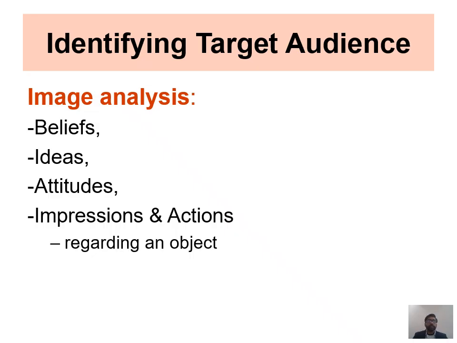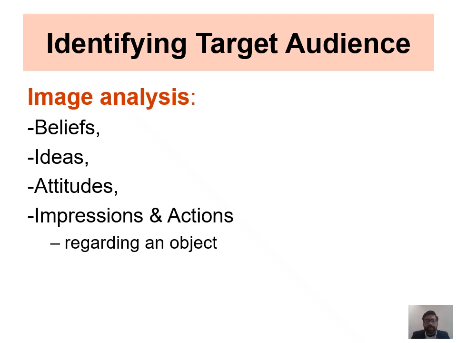Image means belief, idea, attitude, impressions, and actions regarding an object. While identifying the right target audience, for every type of audience the communication campaign may be different, their media preference or the buying habits or the consumption habits may be different. So we need to think about how they analyze the image of the brand, of the product or the company.